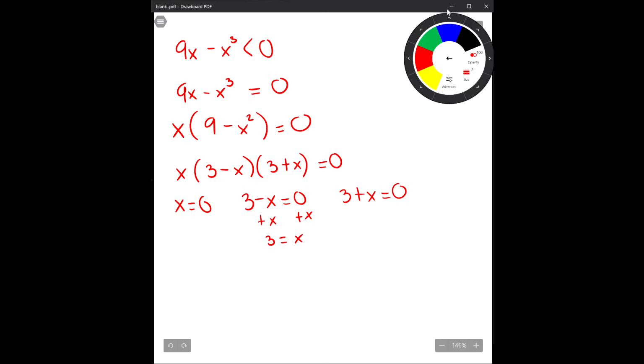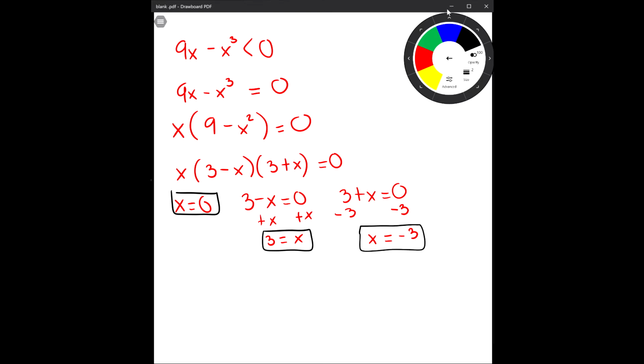For 3 plus x equals 0, we don't want to subtract x on both sides because we don't want negative x. Instead, we subtract 3 on both sides, so x equals -3. So we have 3 solutions: x equals 0, x equals 3, and x equals -3.